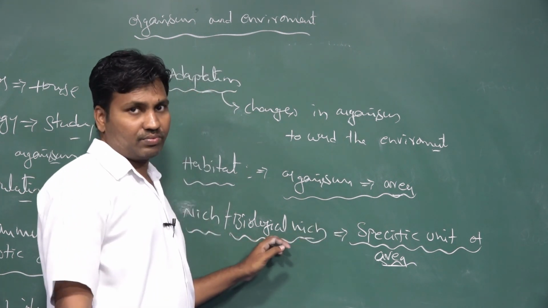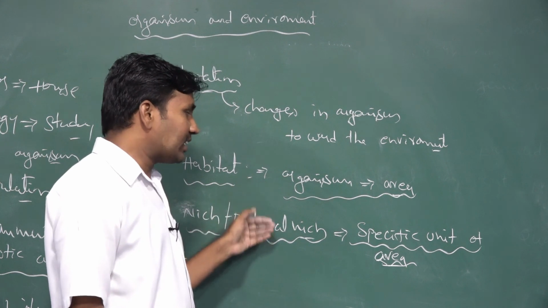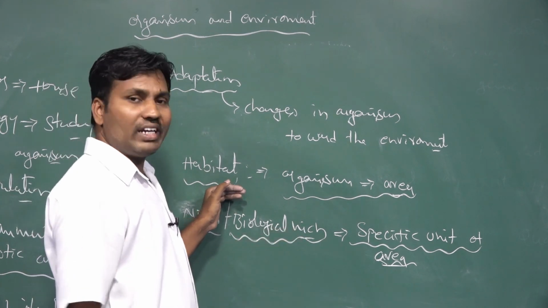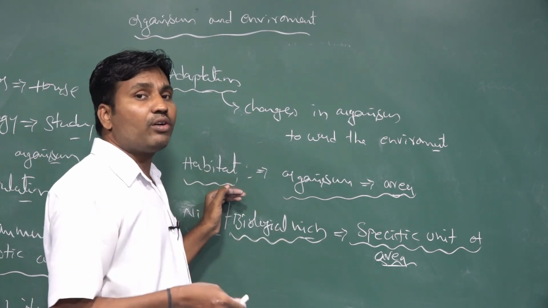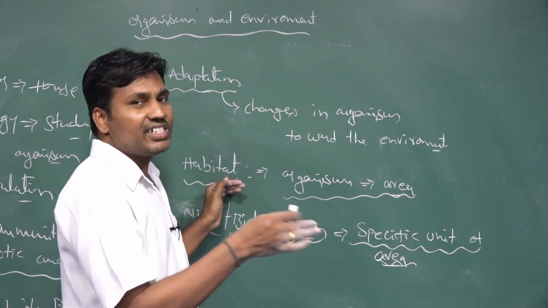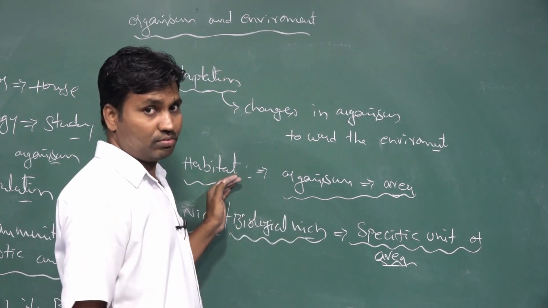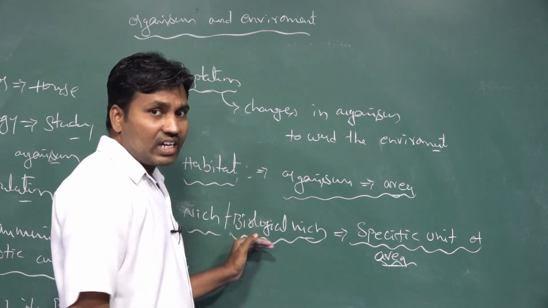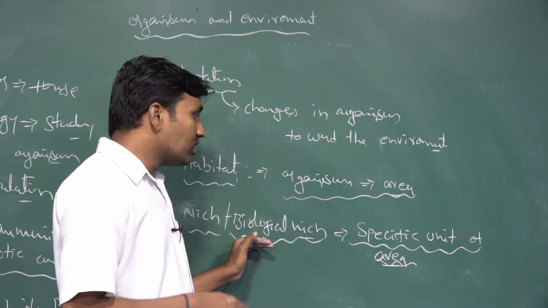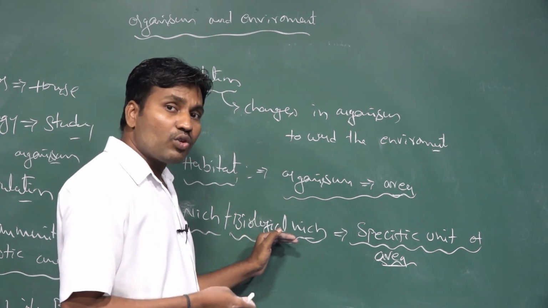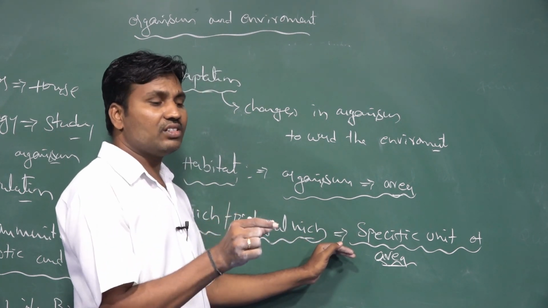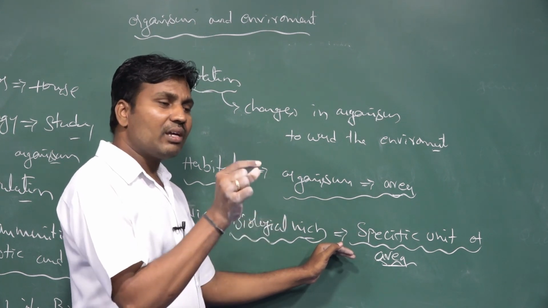To expand on this with an example, the habitat is where we live. If anybody asks me, sir, where are you from, we just tell our village name. That is the habitat. For the niche, suppose someone within the same village asks where your house is, then we explain the specific address: the street, house number and the particular region.